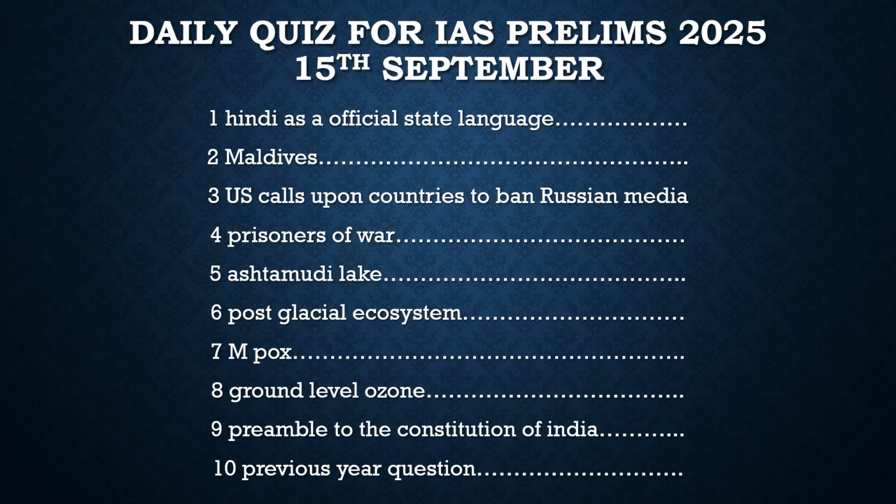With this, let us look at the topics which we have to discuss today, from which we have to derive the questions. The first topic, which was in the news, is the 75th anniversary of Hindi as an official state language. In this anniversary, Home Minister Amit Shah urged Indian parents to use Hindi as the medium to talk with their children, so that Hindi would be promoted.